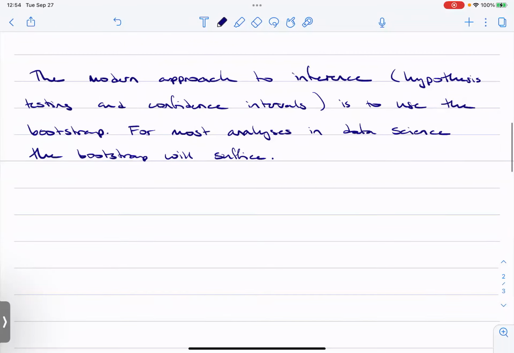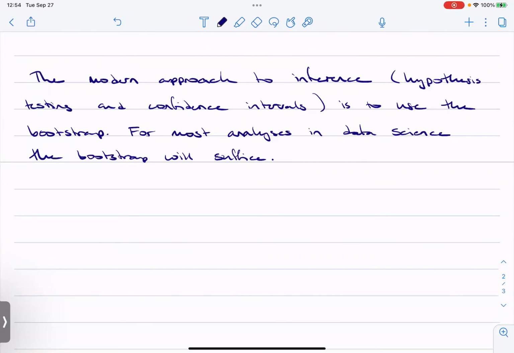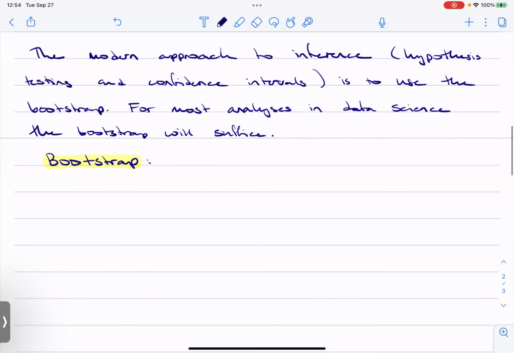So what is the bootstrap? Conveniently, I've got a fresh page here. So the bootstrap, just like all the time, everything that we do relies on having a good sample.